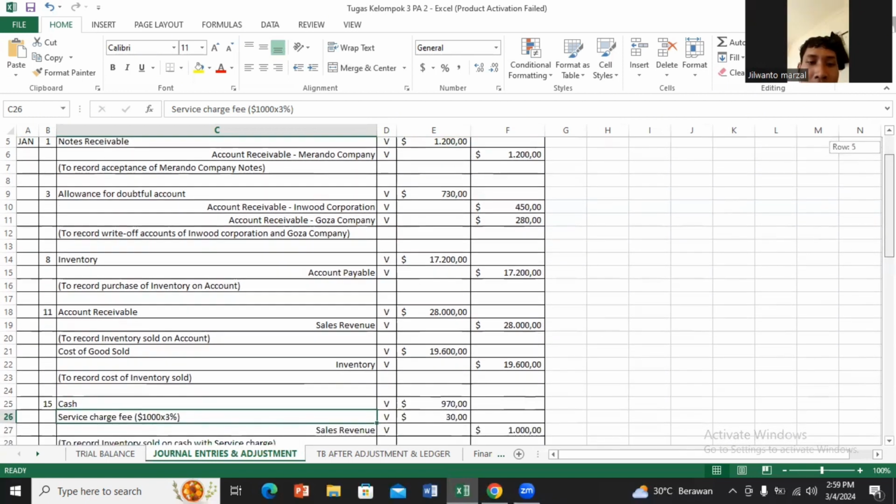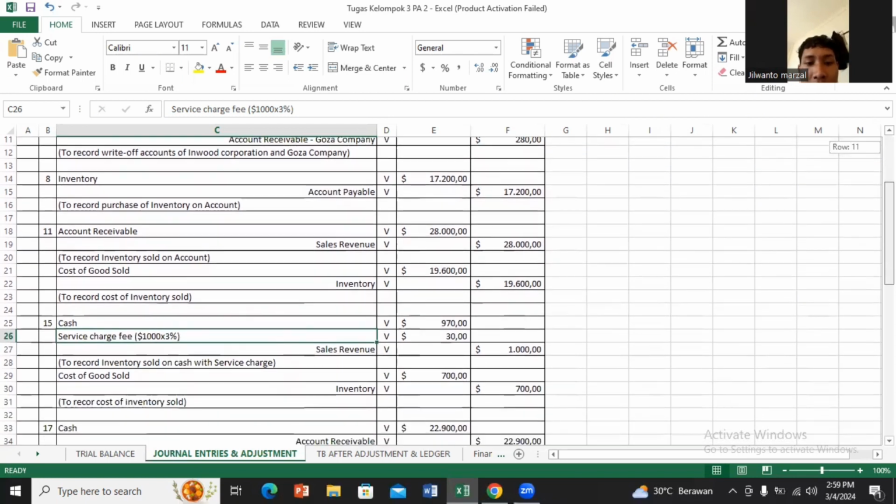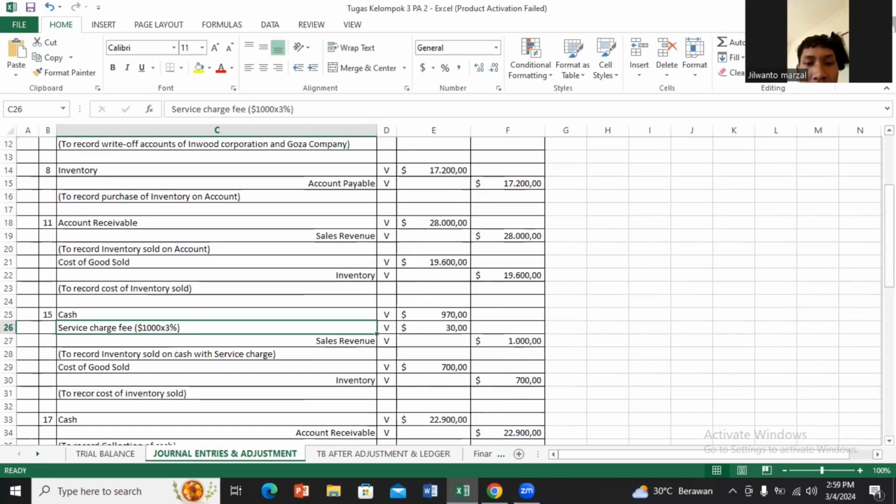So next, on the 11th of January, Winter sold on account for $28,000 inventory that cost $19,600. First, the journal for our sales is accounts receivable in debit, because we sold it on account.